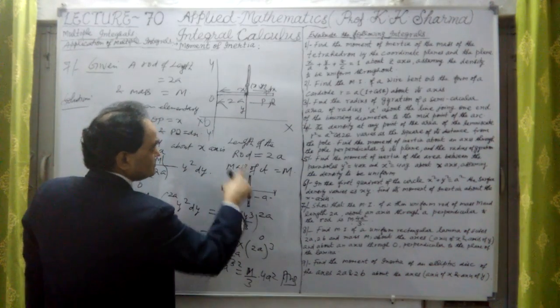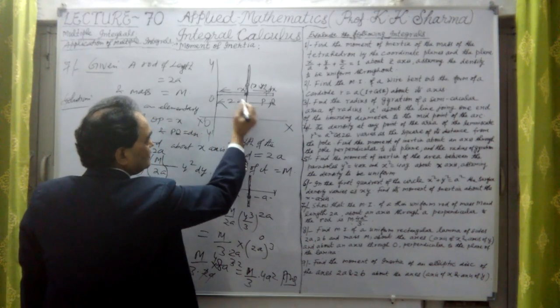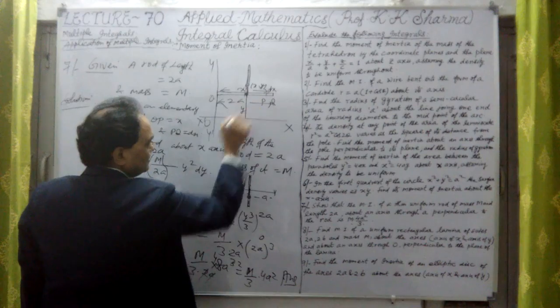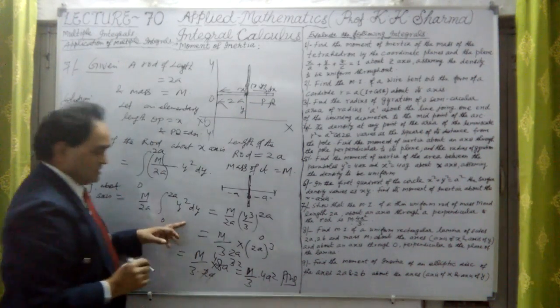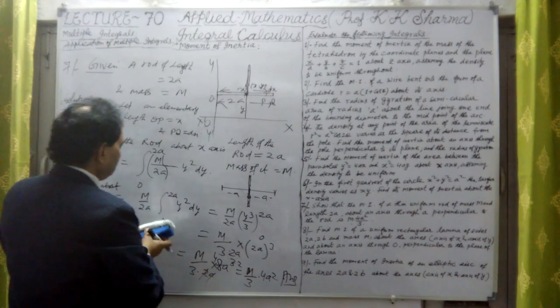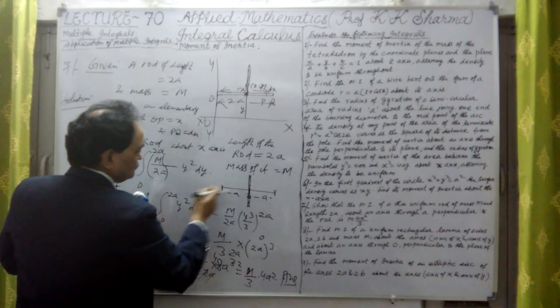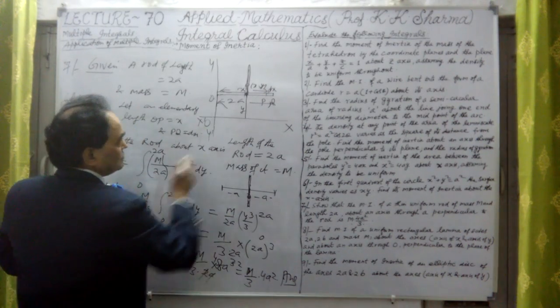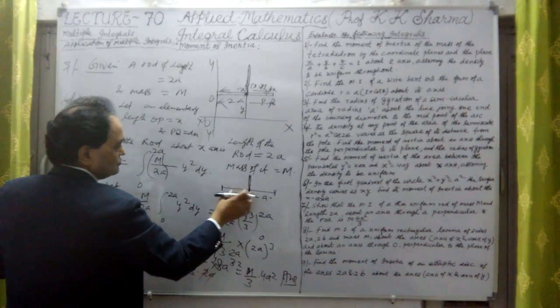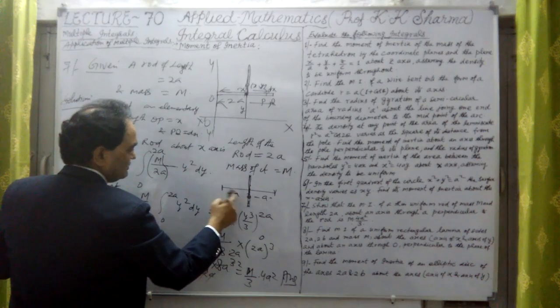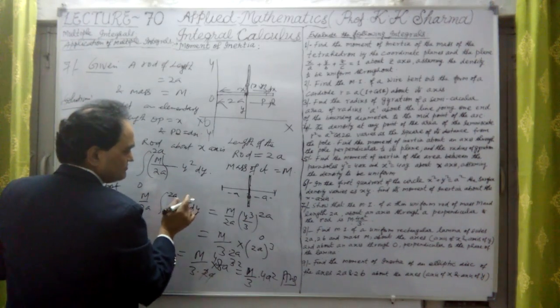This is the perpendicular. We have taken length y square. Now we have taken x square, but the limits will now be minus a to plus a. Why? Because we are taking this middle point as the origin. So this rod is divided into two parts, minus a to plus a, total length 2a.